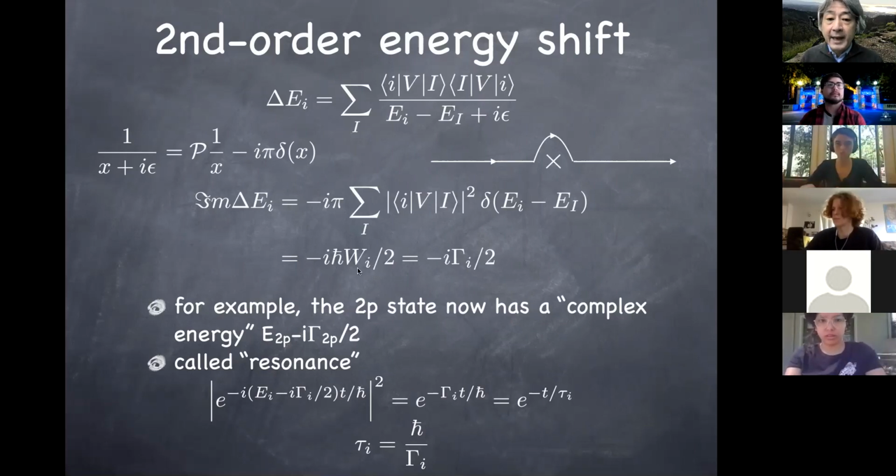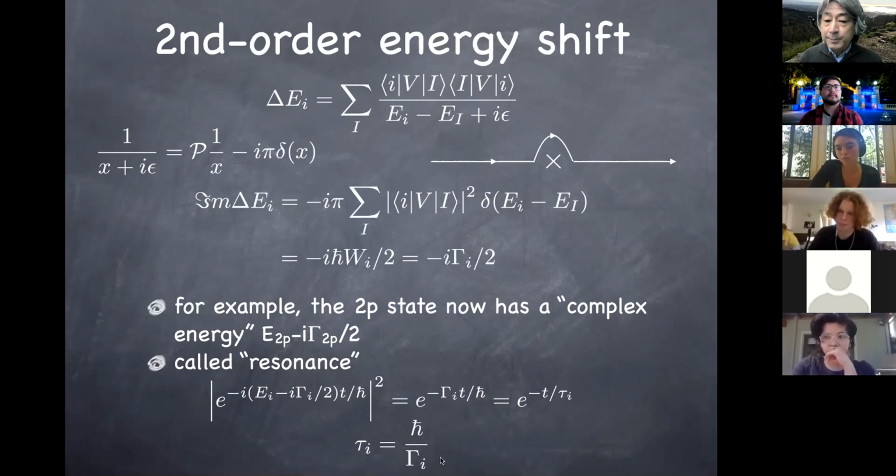And if you put in this h bar decay rate over 2 into this exponential factor of the ordinary time evolution in Schrödinger equation, it correctly gives you exponential decay behavior of that state. And hence you can identify the lifetime, which is given precisely by h bar over gamma.